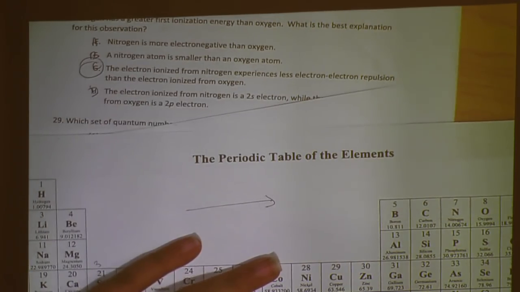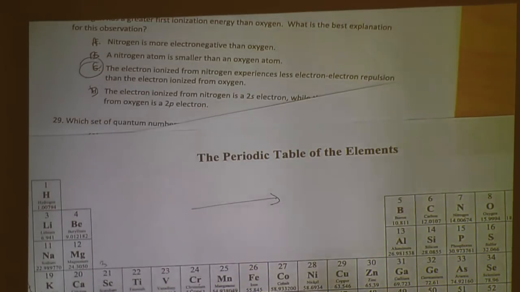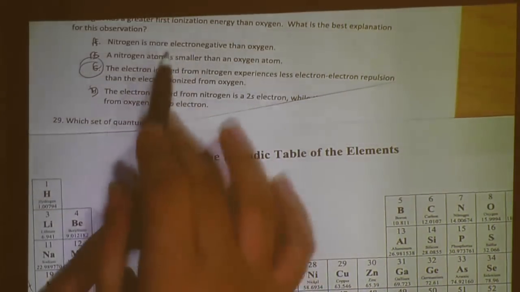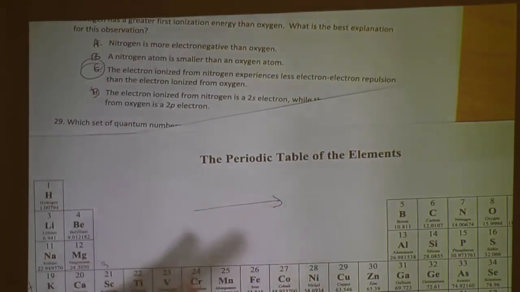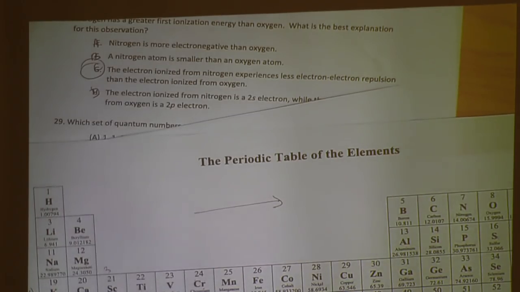So if it experiences less repulsion, that means that it's more attracted. And because it's more attracted, there is a higher ionization energy. A sounds like a good answer, but in actuality, oxygen is more electronegative than nitrogen, so it can't be the answer.